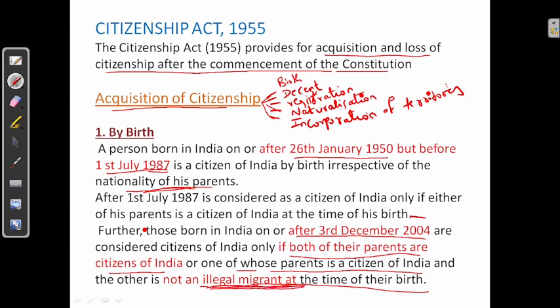Any person who came to India without proper documents, or who is staying in India beyond the time limit, is considered an illegal migrant. Okay, so the person born after 3rd December 2004 will get the citizenship of India only if both parents are citizens of India, or either parent is a citizen of India but should not be an illegal migrant.